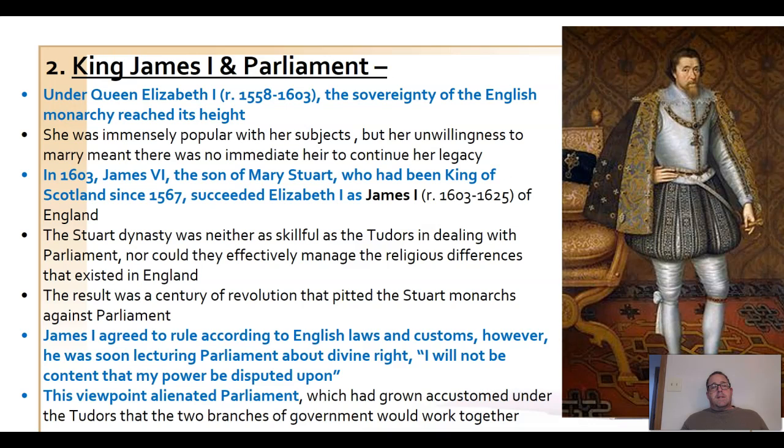She dies having never married, and of course never having had any children. And so, to prevent a crisis of succession, she passes her throne to her cousin, her first cousin once removed.